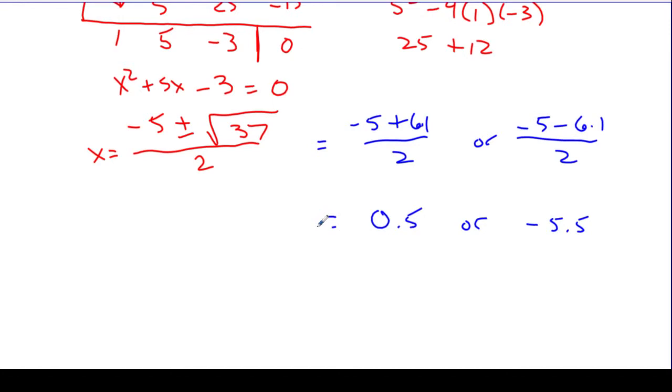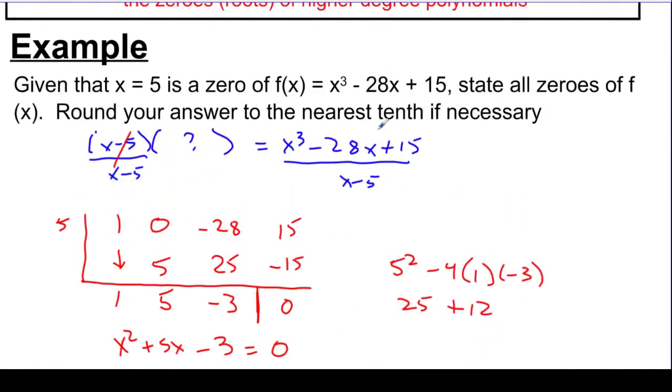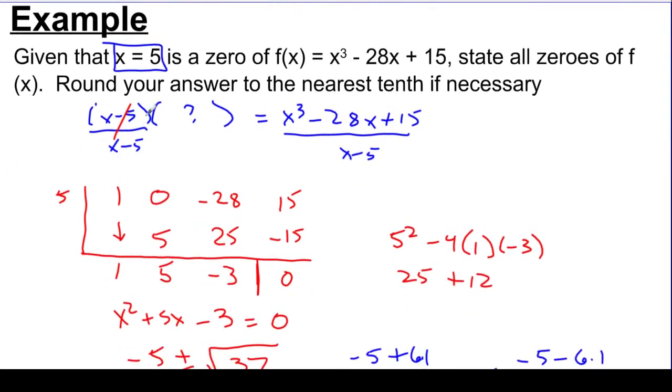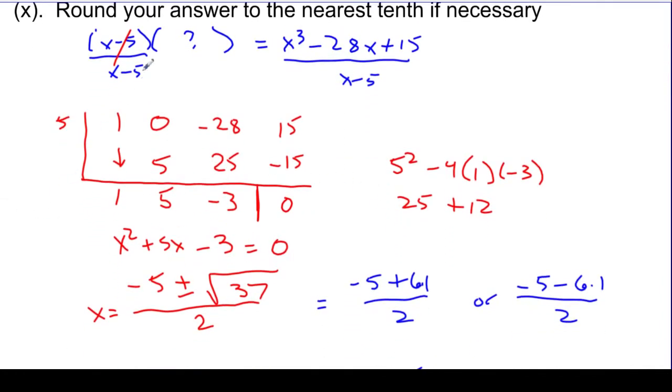So here's the big summary of the problem. If the highest exponent is 3, we should be able to find 3 zeros to this problem. They gave us one of them, x is equal to 5. We just divided away the factor that produces x equals 5, and we figured out that the remaining expression is x squared plus 5x minus 3. Your job is to then do whatever you need to do to solve that. Since this was not solvable by factoring, we used the quadratic formula.